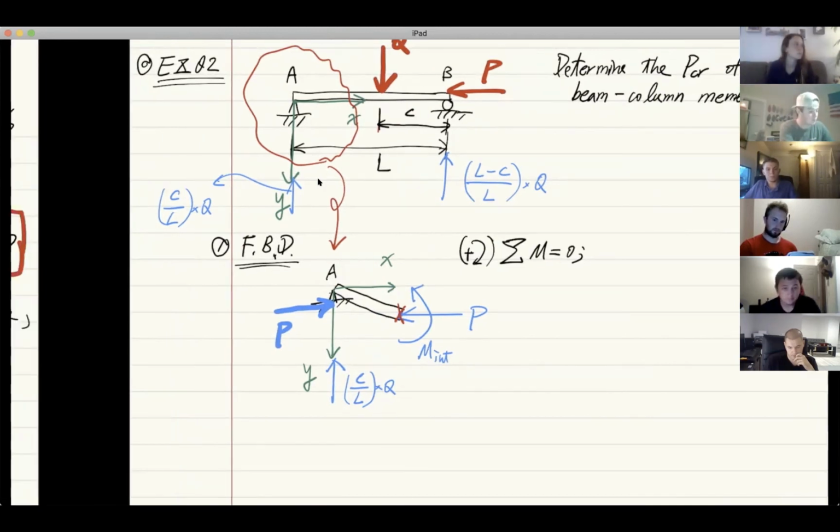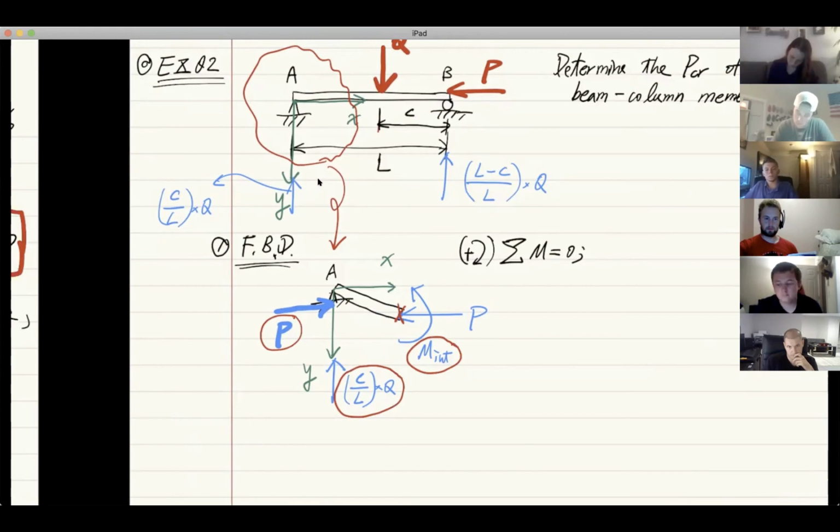One is the moment produced by this force, 1. And the moment produced by the reaction at point A, correct? Which is this one, 2. And the third one is what? It's just the internal moment itself. That's going to be the 3 terms we're going to put in here.